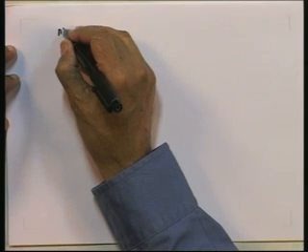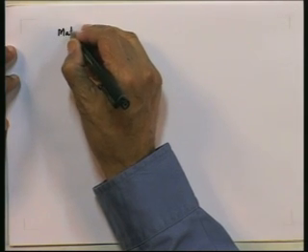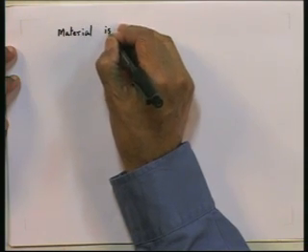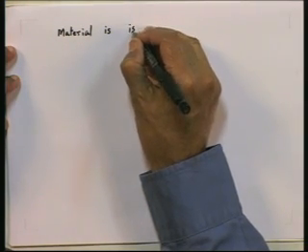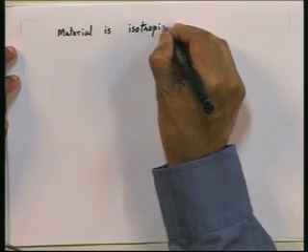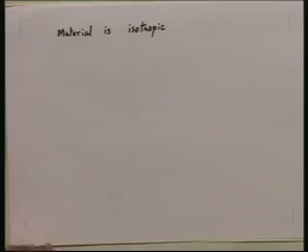First of all, the first assumption which we are going to make is that the material is isotropic. What do we mean by this assumption? We mean that the thermal conductivity of the material is not directionally dependent.